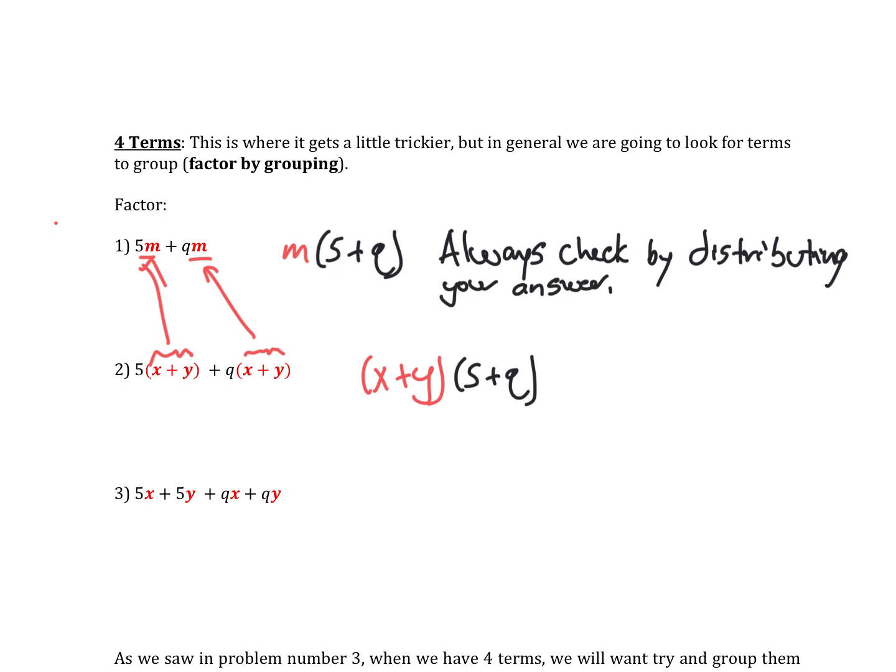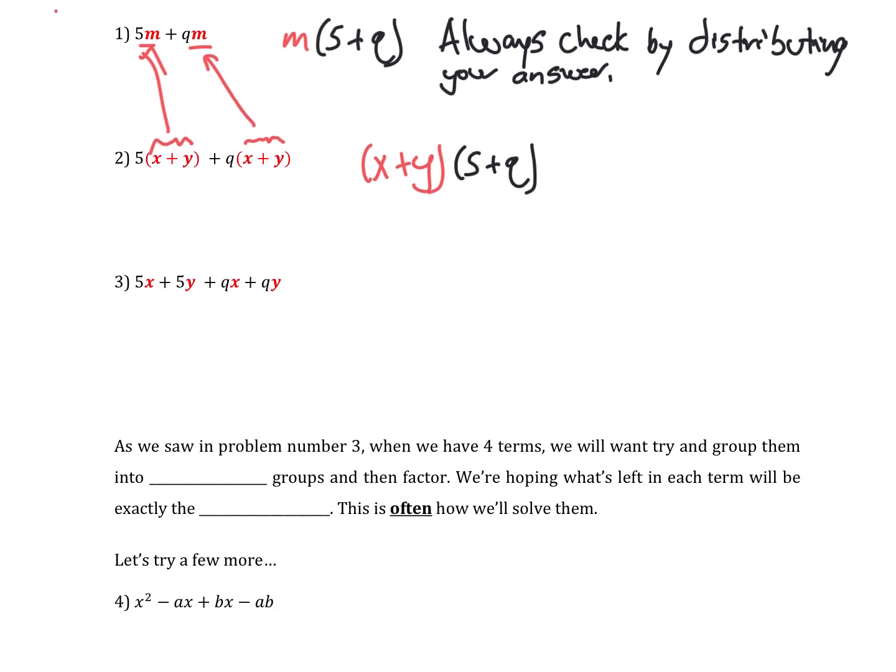This is kind of like the full-on factor by grouping. So I have 5x plus 5y plus qx plus qy. And I want to factor out something that's common to the first two terms and the last two terms. For the first two terms in blue, what can you factor out of 5x and 5y?